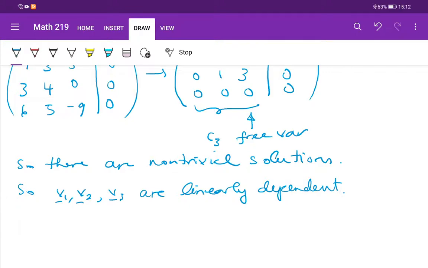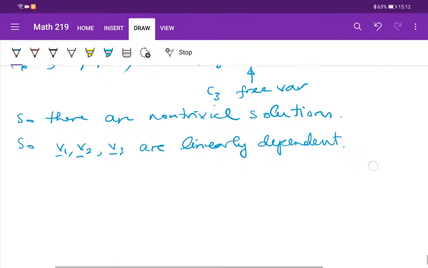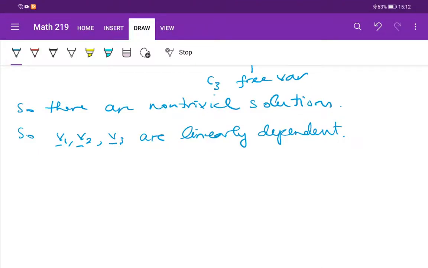Okay. So we can also consider linear independence and linear dependence for functions.